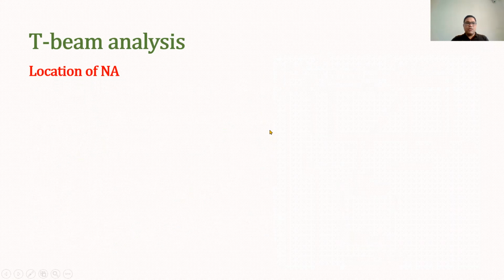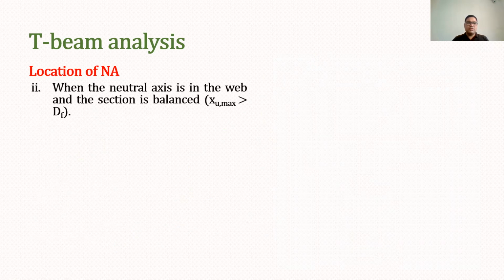Now coming to the next case, which is the second case. The second case, third case, and fourth case will deal with the location of NA when it is lying within the web. These cases have other aspects also, as they depend on the type of section. If we have a balanced section, in that case Xu max will be constant, and we will consider the Df by D ratio.